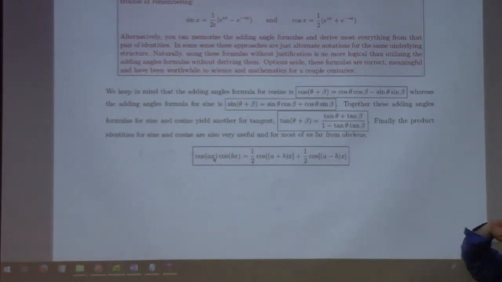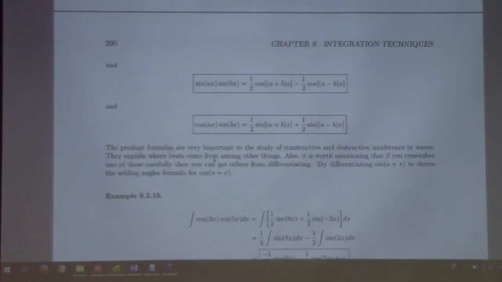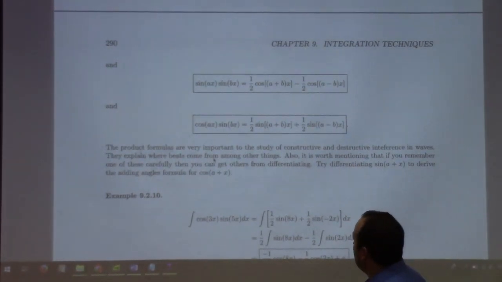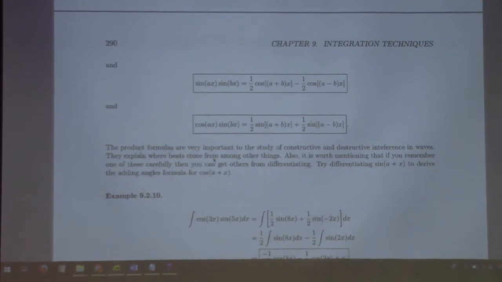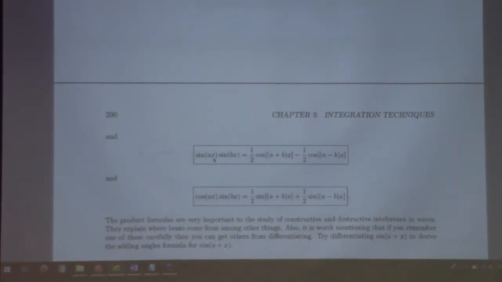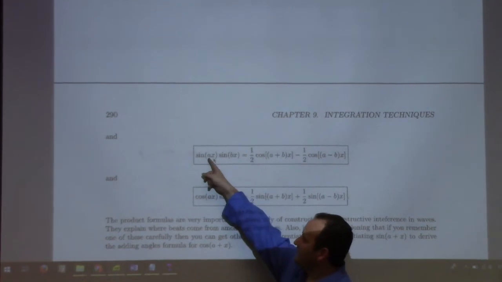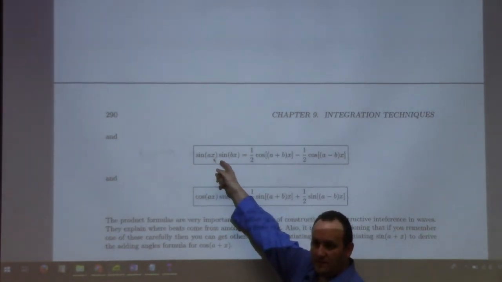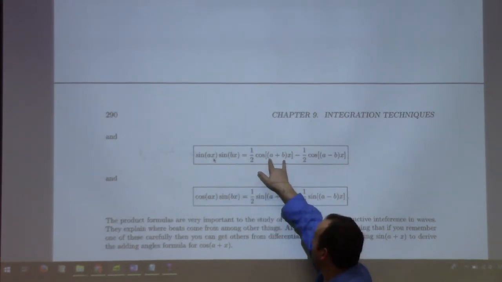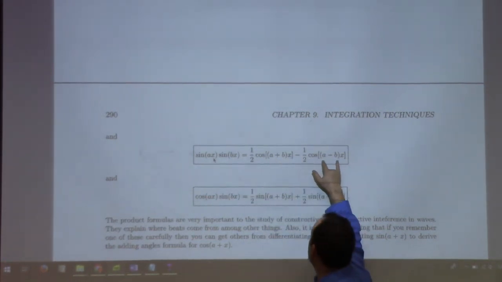But there's also a product of sines formula we can derive, namely that sine of ax times the sine of bx is 1/2 cosine of... here it is. I'll put it down lower. So if you have p here and you have q here, and p and q are not equal, then you just get p plus qx and p minus qx.